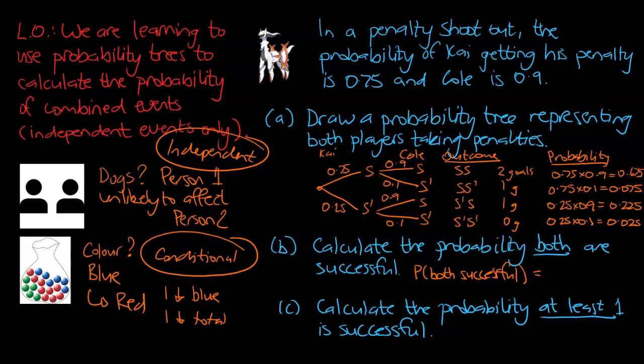So would this first branch do? Yes. No, no, and no. Because there's no 2 goals, there are only 1 or 0 goals. So we only care about these 2 goals. So the probability of that, 0.675. And that relates to the end of the branch over there.